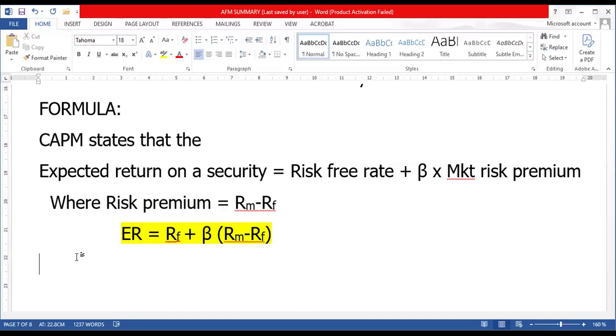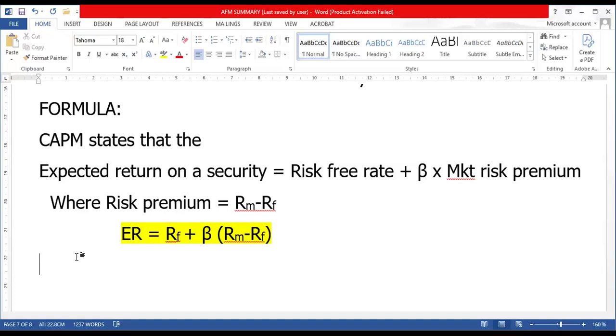That's why we say that investment in government securities is risk-free.